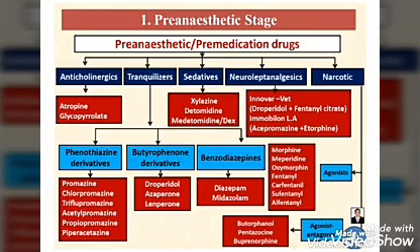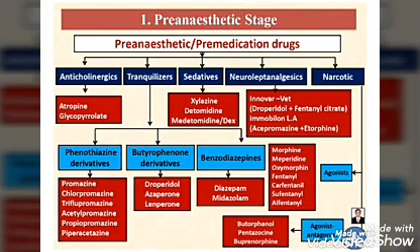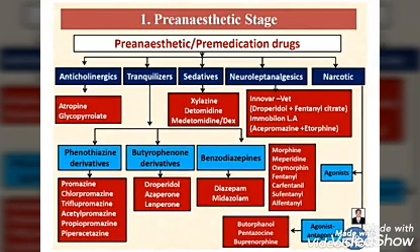But if you use pre-anesthetics, meaning diazepam, midazolam, butorphanol, buprenorphine, pentazocine, or acetaminophen, these drugs reduce the dose of the induction drugs. When the dose is reduced, it definitely reduces the ill effects of these drugs on the body. They also produce a smooth induction as well as a smooth recovery with the help of the pre-anesthetic drug.